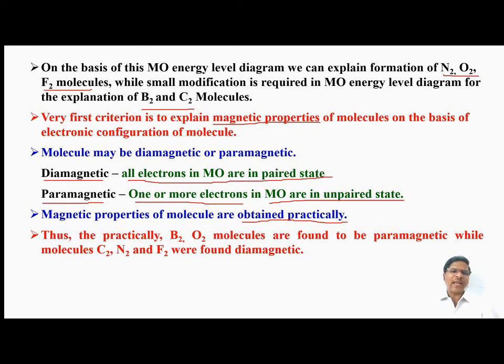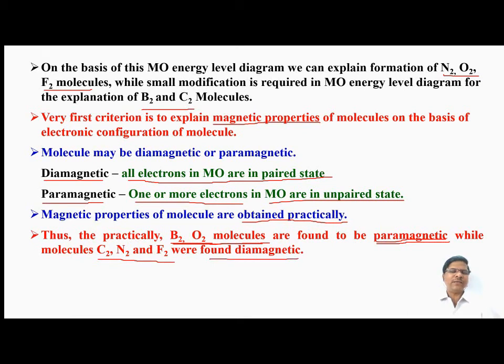So if you see the characteristics of these molecules, B2 and O2 are paramagnetic in nature. What does it mean? We know that experimentally these two molecules, B2 and O2, contain unpaired electrons, while the molecules C2, N2 and F2 are diamagnetic.